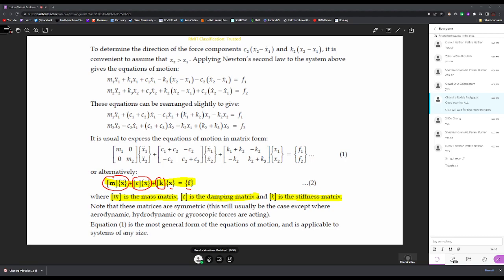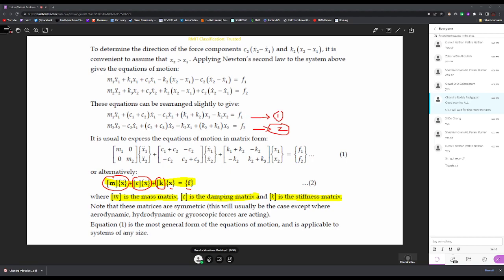Okay, so if you do the multiplication, we can derive these two equations, and of course, we'll get back the equations mentioned above. The advantage is that this equation is difficult to memorize.